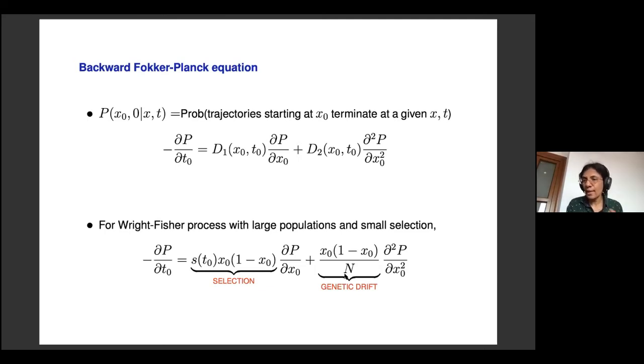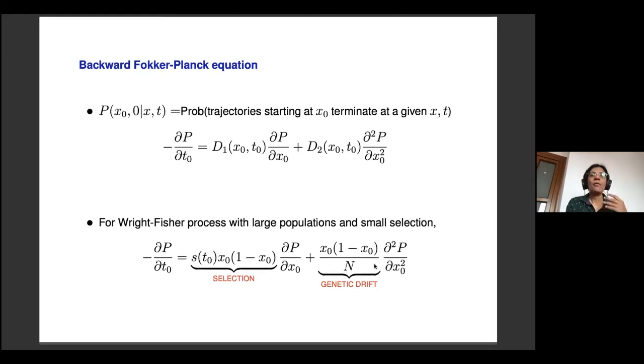That is the variance of the binomial distribution. So that's why I have x(1-x) divided by N, the size of the population. If I have an infinitely large population, there is no noise. Because I have a finite population, there is this diffusion constant. In any case, we have this PDE, and that's the standard method of dealing with these problems about fixation probability and fixation time.